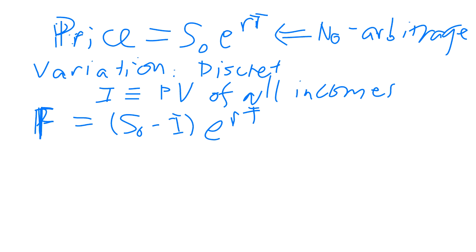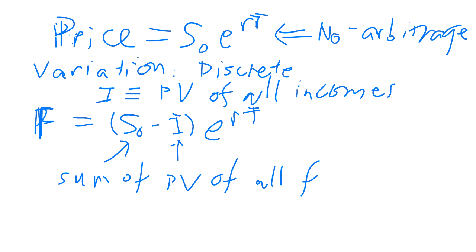And we argue why should I subtract the I from the S0? Because S0 is the sum of present value of all future cash flows, not futures cash flow, future cash flows. Future here is in the usual English sense.